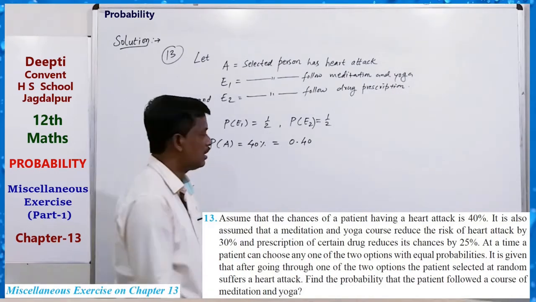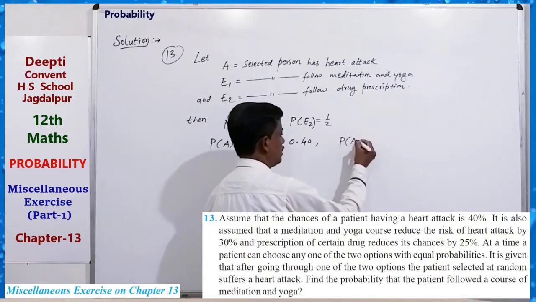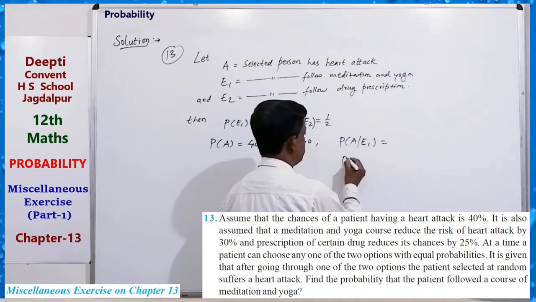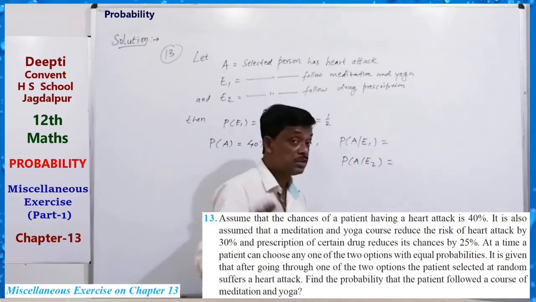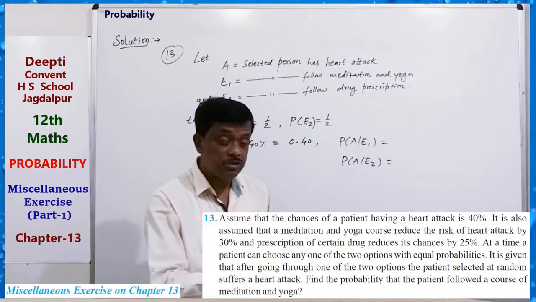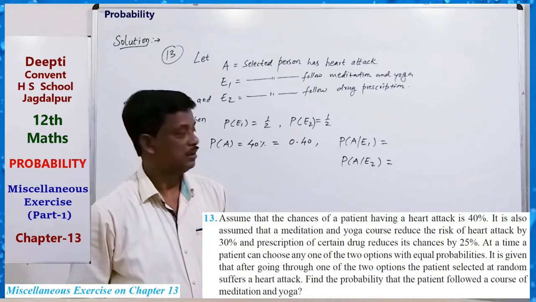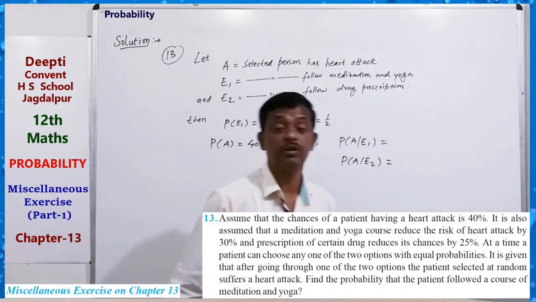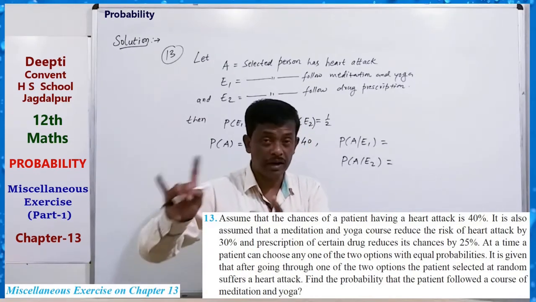And here also P(A|E1) and P(A|E2). It is also given that yoga and meditation reduce the chance of heart attack by 30%.